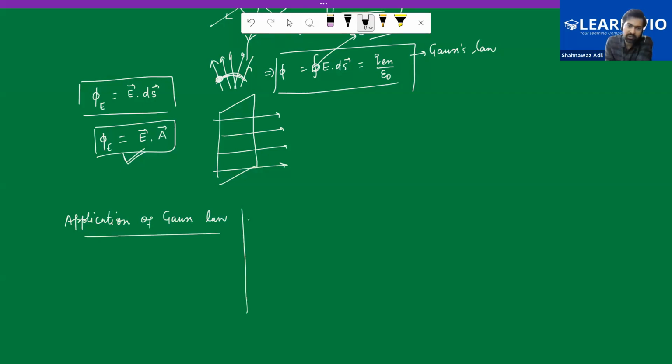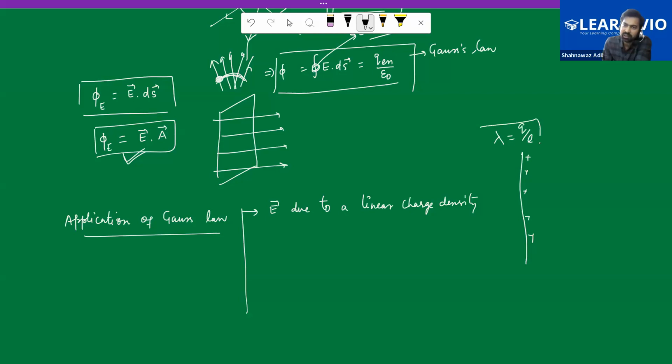So we find out the electric field of linear charge density. So let's say you have this wire and this has this charge. For this linear charge density, let's say lambda is the linear charge density, Q by L. This is the linear charge density.